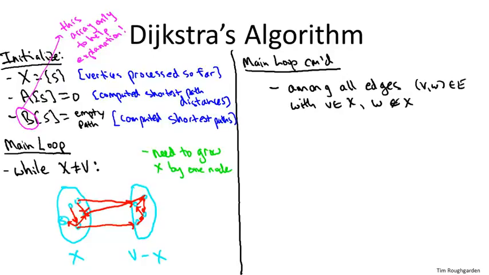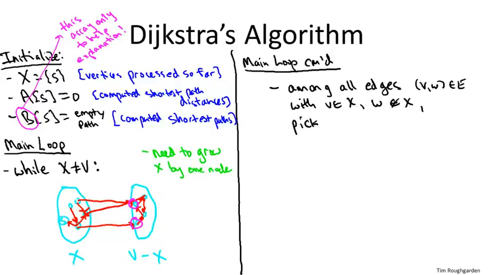So there are two options of which of those two to suck into our set X, and we might want some guidance about which one to pick next. The key idea in Dijkstra is to give each vertex a score corresponding to how close that vertex seems to the source vertex S, and then to pick among all candidate vertices the one that has the minimum score. Let me be more precise.